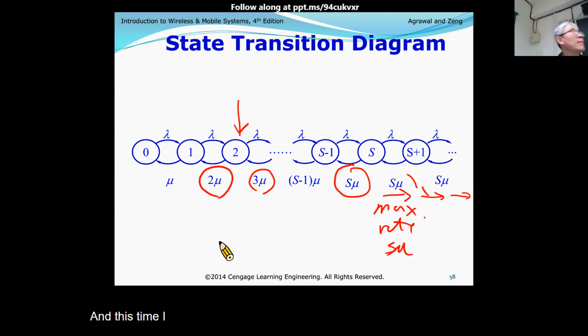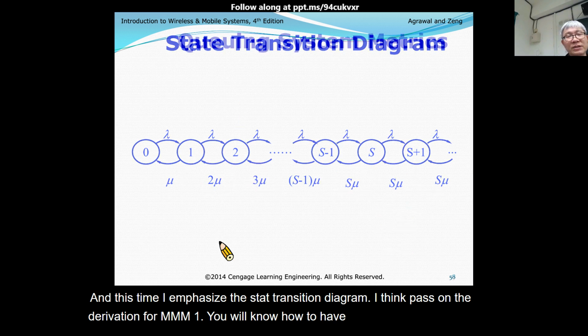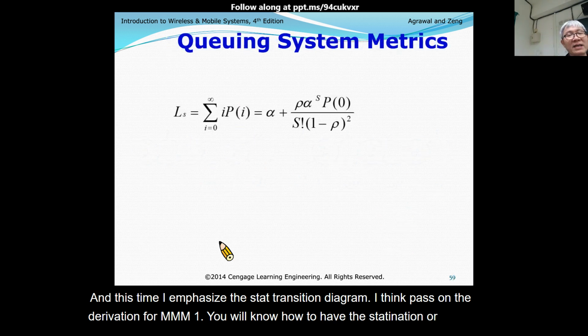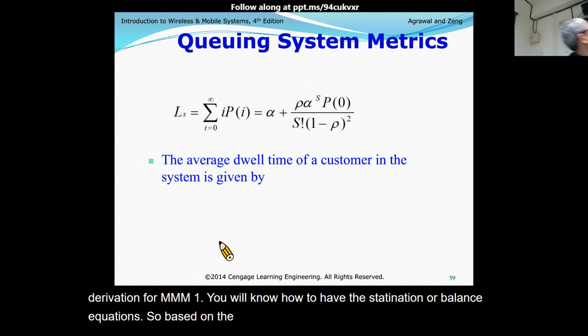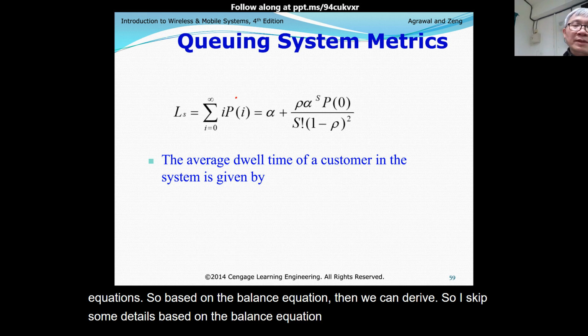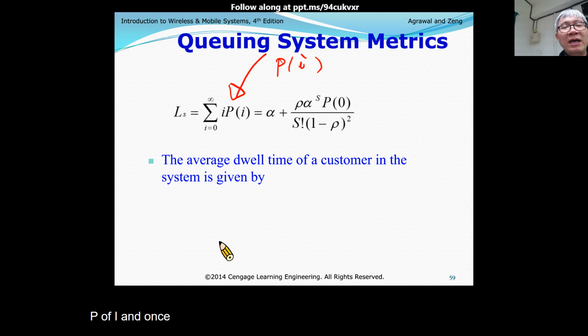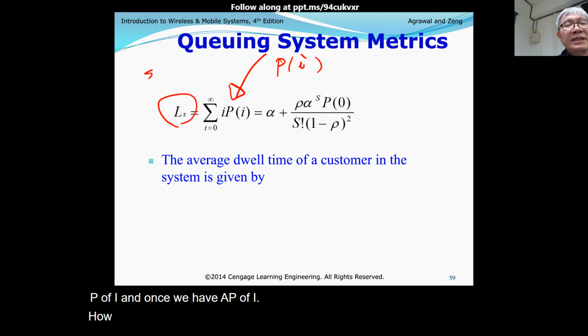This time I emphasize the state transition diagram. Based on the derivation for M/M/1, you will know how to get the balance equations. So based on the balance equations, we can derive this. I skip some details. Based on the balance equations, we can derive P of i. And once we have P of i, how do we get the system length?